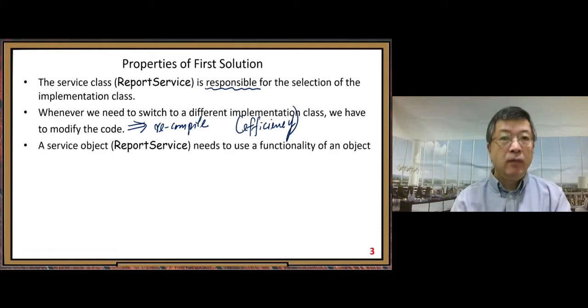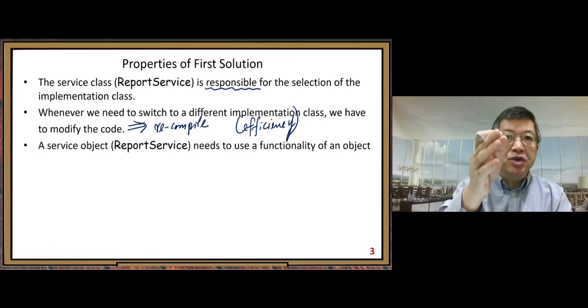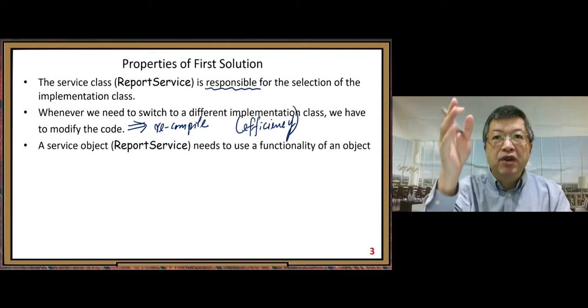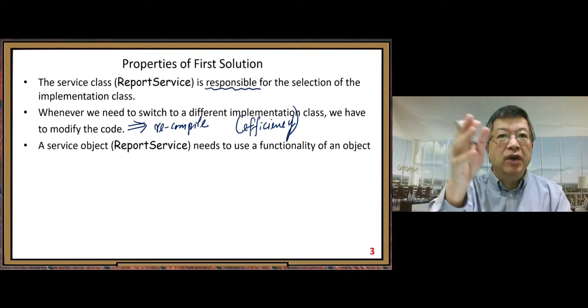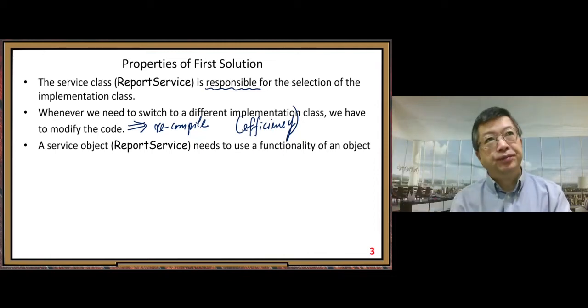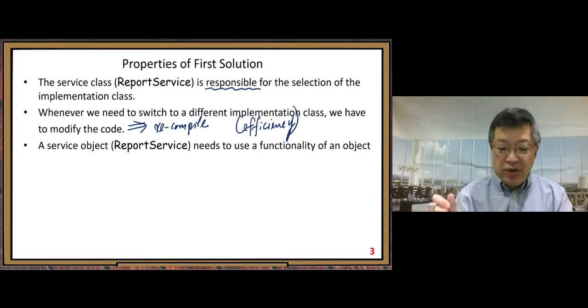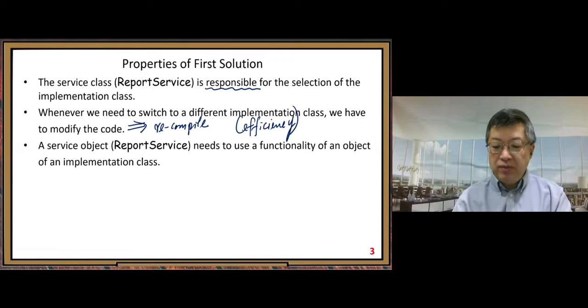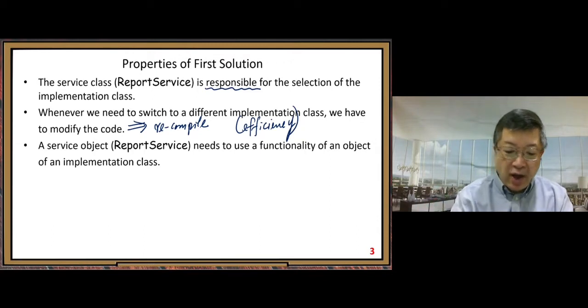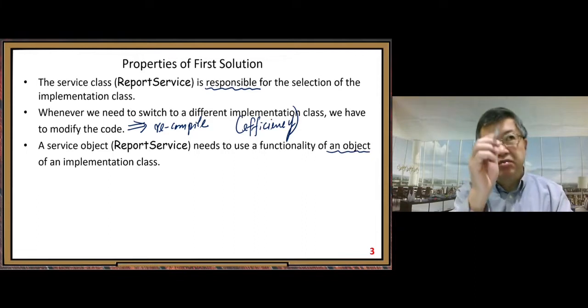A service object needs to use a functionality of an object of an implementation class. Here we see a relationship.